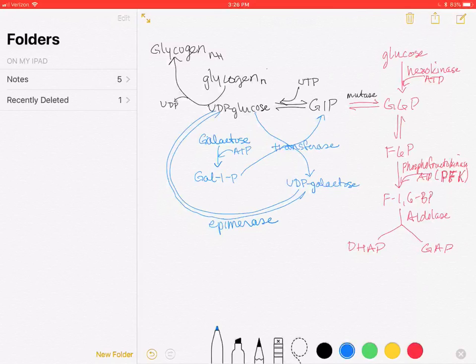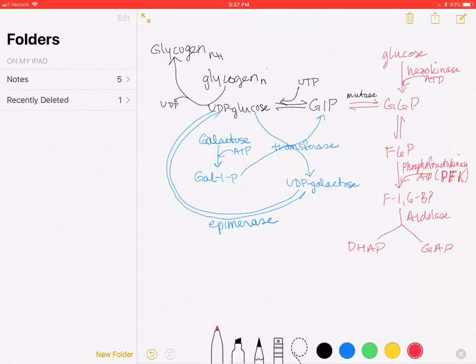So at any one point, if there's too much glucose 1-phosphate and UDP galactose, the transferase can change them back into UDP glucose and galactose 1-phosphate. Or if there's too much UDP galactose, the epimerase can change it back into UDP glucose. If we need more UDP glucose to make glycogen, it can go that way, or it can flow back to glucose 1-phosphate and to glucose 6-phosphate.